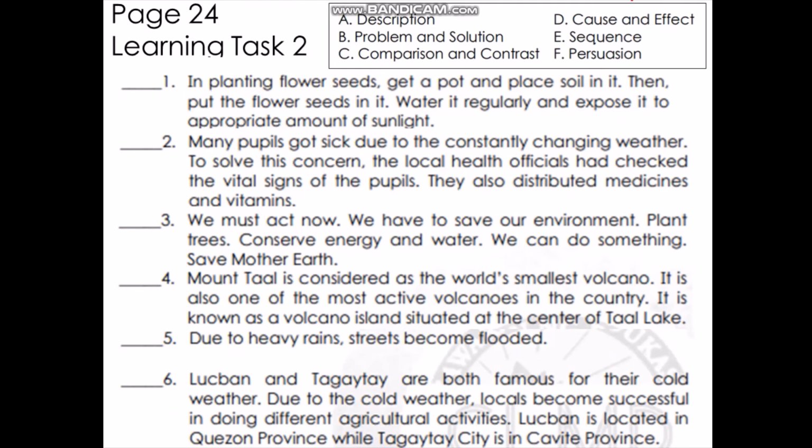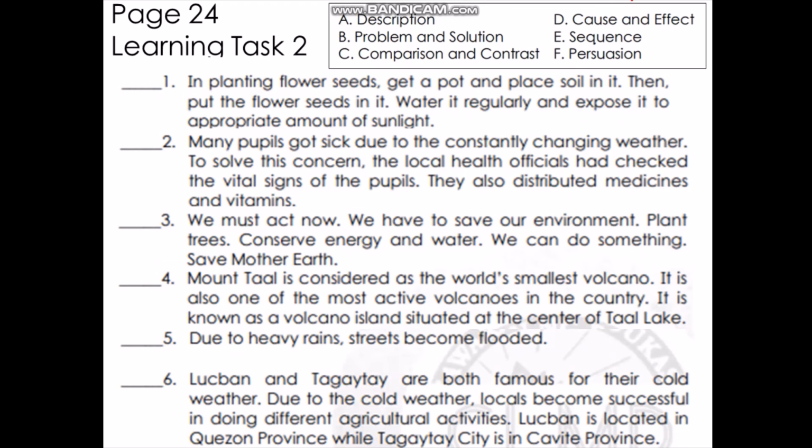Okay? So, for number 1, in planting flower seeds, get a pot and place soil in it. Then, put the flower seeds in it. Water it regularly and expose it to appropriate amount of sunlight. Is it A, B, C, D, E, or F? Number 2.